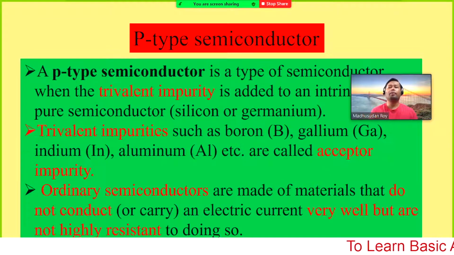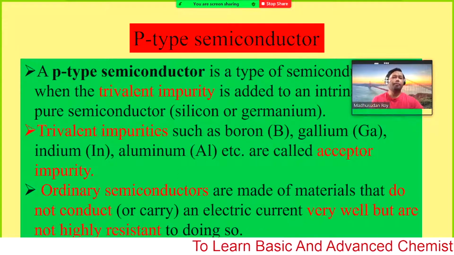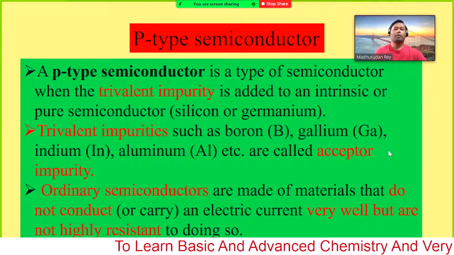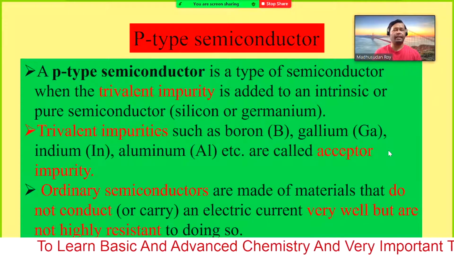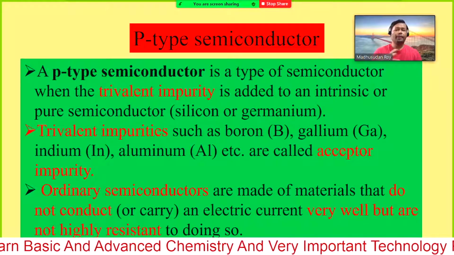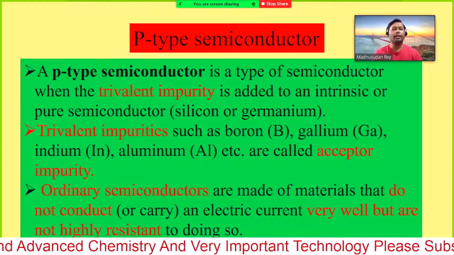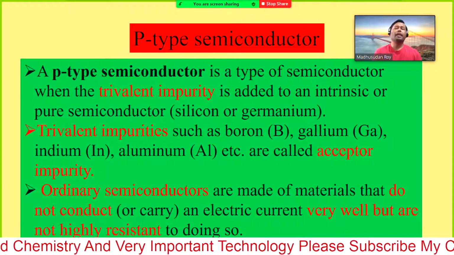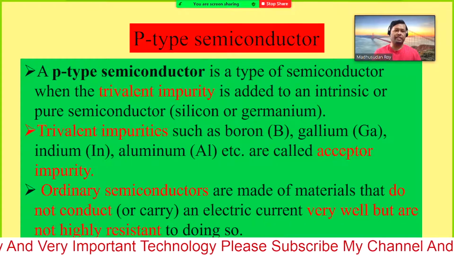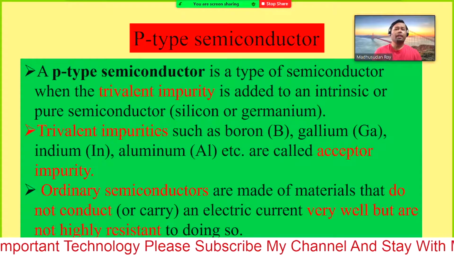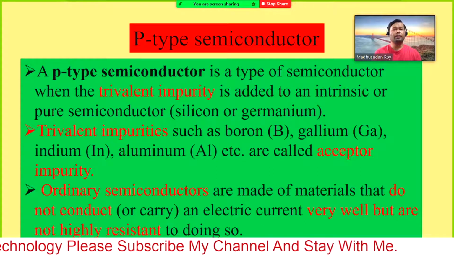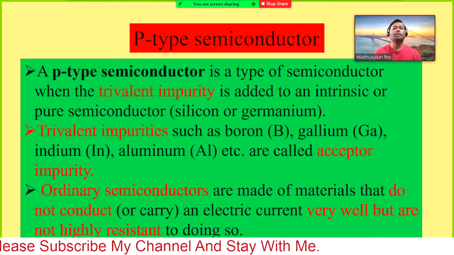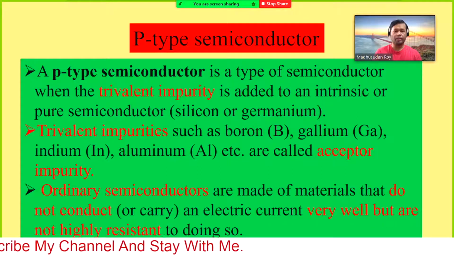Now we will learn about the p-type semiconductor. So a p-type semiconductor is a semiconductor when a trivalent impurity is added. Previously I have mentioned in two different ways, electron donor and electron acceptor. Electron donor are those atoms who have 5 electrons in their outermost shell.